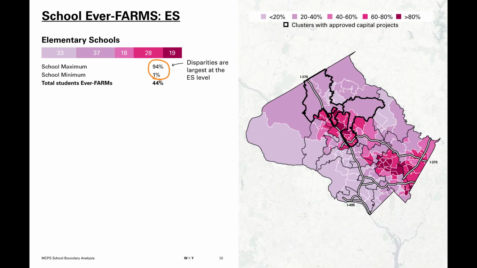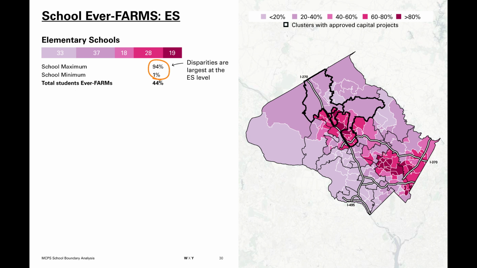When we zoom out to look at the entire county at the elementary school level, we also see a vast disparity in the isolation or diversity of Fver-FARMS students across schools in Montgomery County Public Schools. The district-wide average of Fver-FARMS students is 44%, meaning 44% of students who attend schools in Montgomery County have ever been eligible for free and reduced meals.